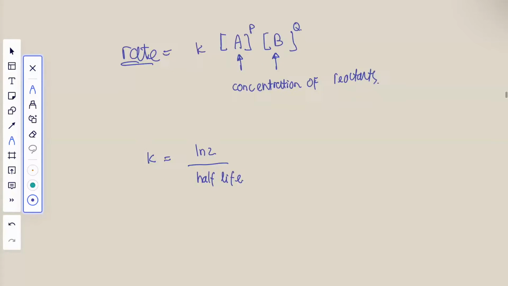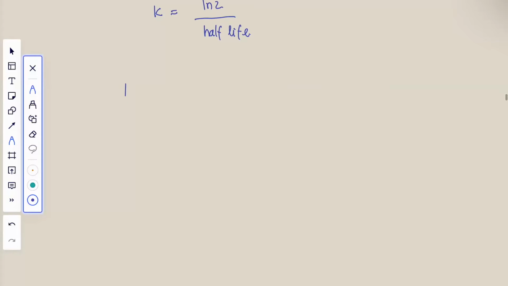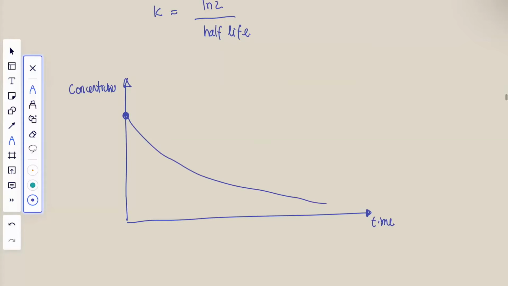So we try to get this graph here. Usually it's concentration, but for this case you adjust. Concentration, then this is time. The concentration of the reactant will decrease, right? For example, concentration is 10 here.